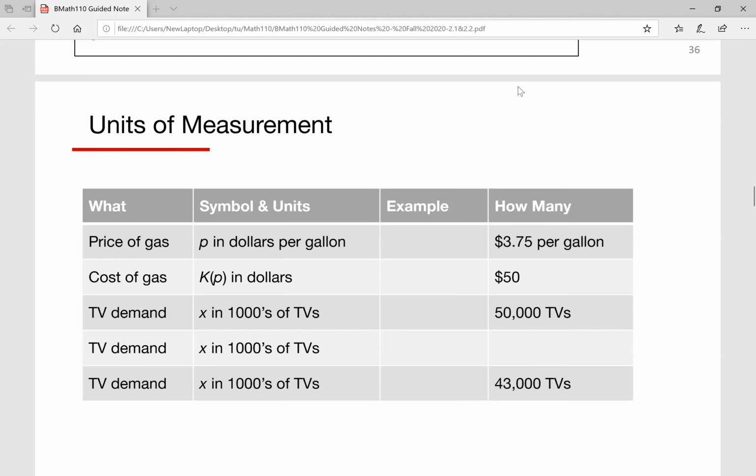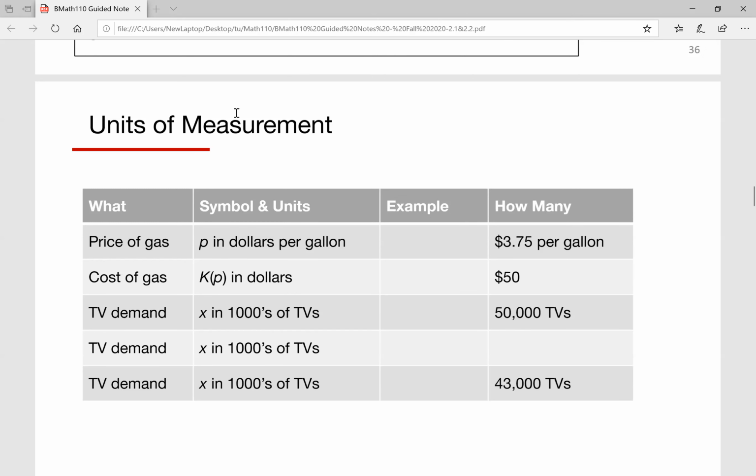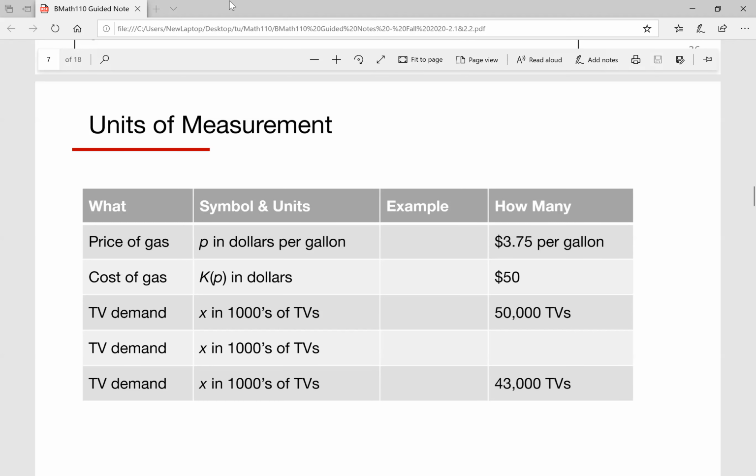So it is units of measurement, some units of measurement. I have the price of gas, whose symbol is usually p, with units in dollars per gallon. Let me make an example.